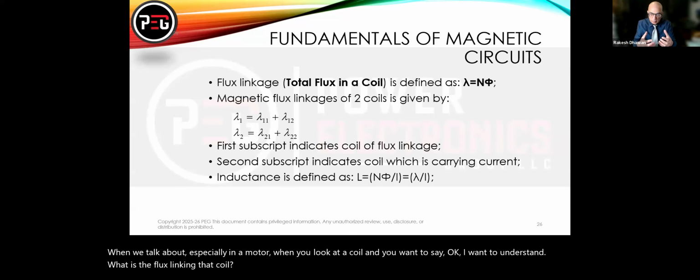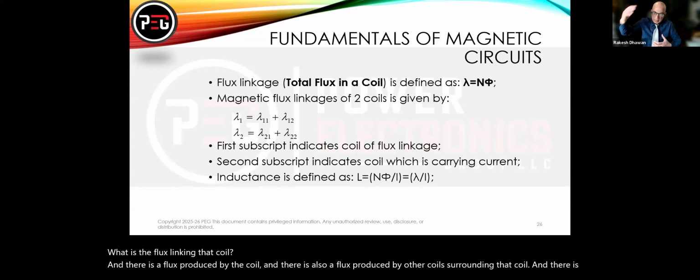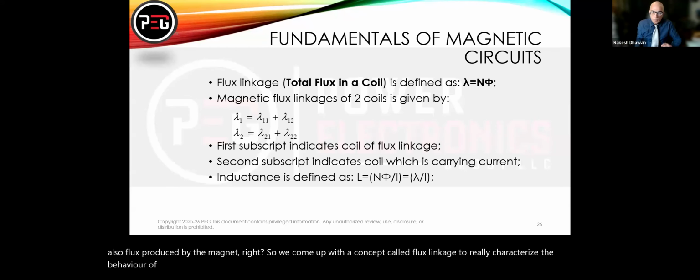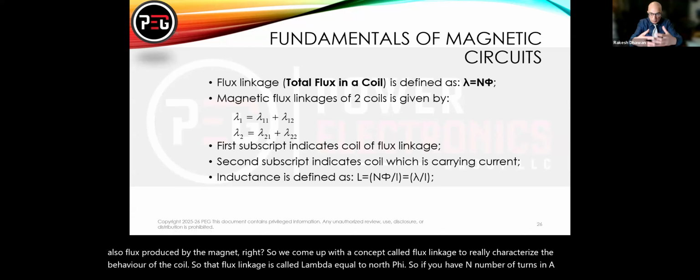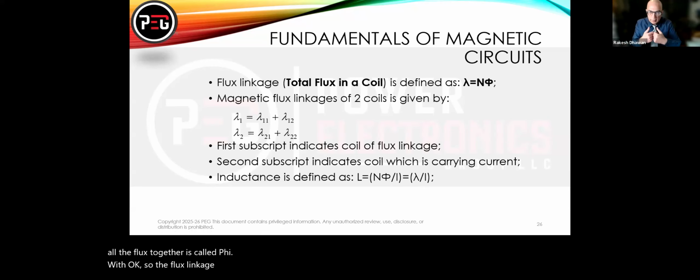There is a flux produced by the coil, and there's also a flux produced by other coils surrounding that coil, and there's also a flux produced by the magnet, right? So we come up with a concept called flux linkage to really characterize the behavior of the coil. That flux linkage is called lambda equal to N phi. So if you have N number of turns in a coil and all the flux together is called phi, we say it has a flux linkage of N phi, right?